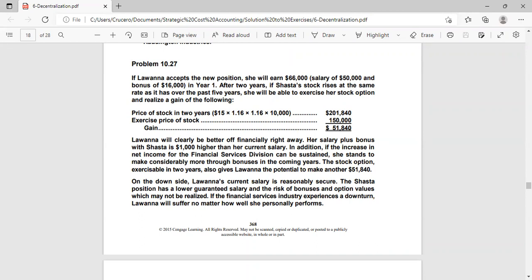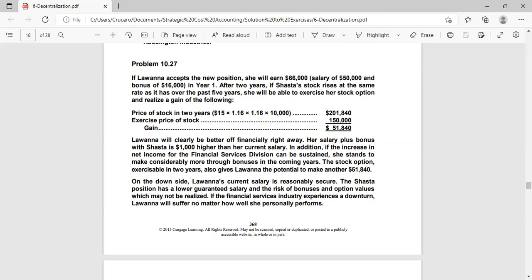Now, the Shasta position, since Lawana has a lower guaranteed salary and risk of bonuses and option plans. The downside again, Lawana's current salary is reasonably secure.